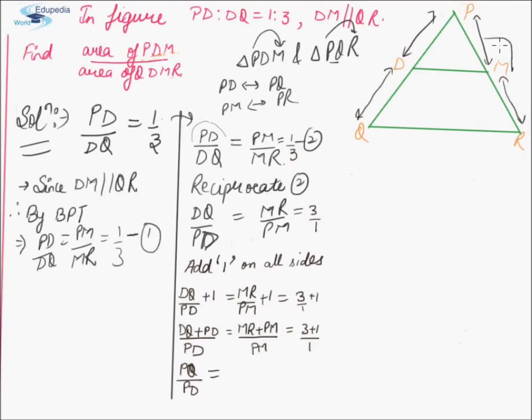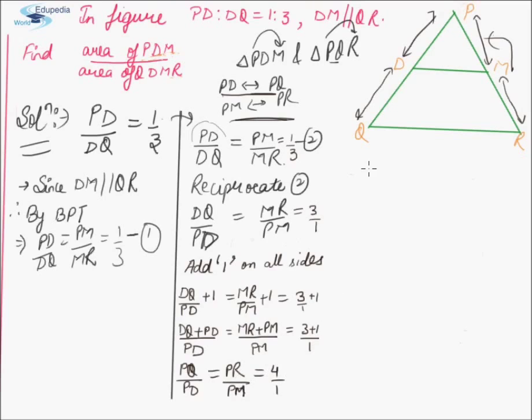When they are added, it will give the side PR over PM equal to 3 plus 1 is 4, so we have 4 plus 1. So now we have achieved PD and the corresponding side PQ in one of the ratio and PM and the corresponding side PR in another ratio, and so on.